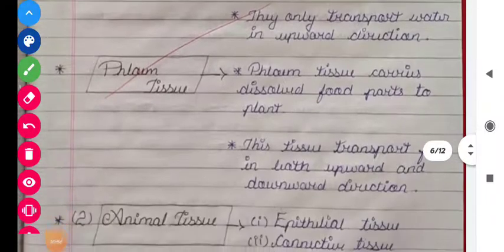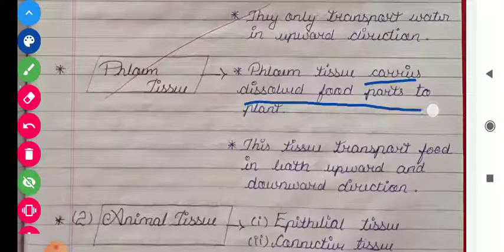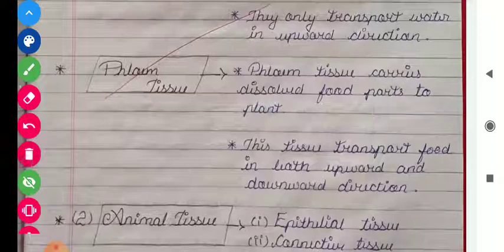Now let us try to understand the phloem tissue. Phloem tissue carries dissolved food to the plant parts. So students, based upon your understanding, can you tell me how the food will be transported to the various plant parts?